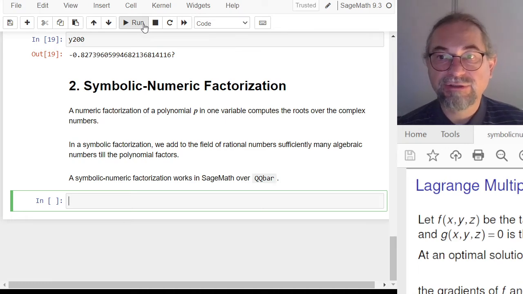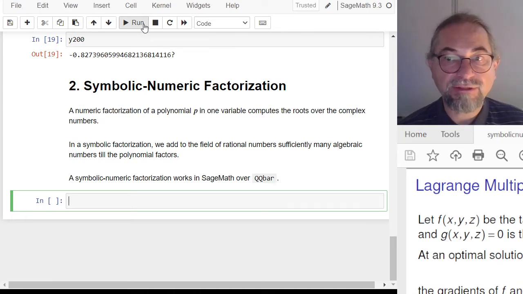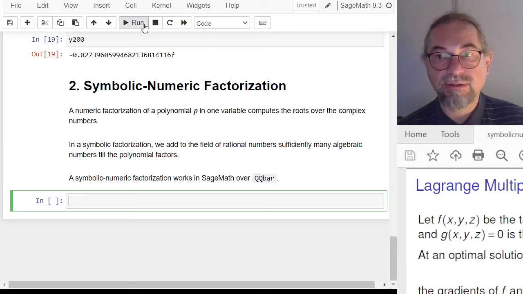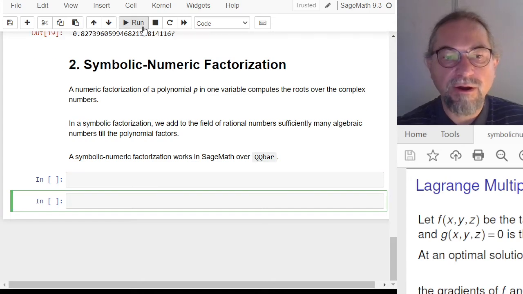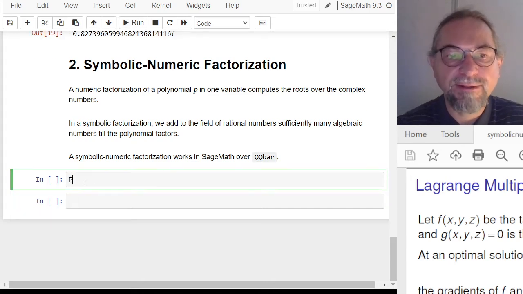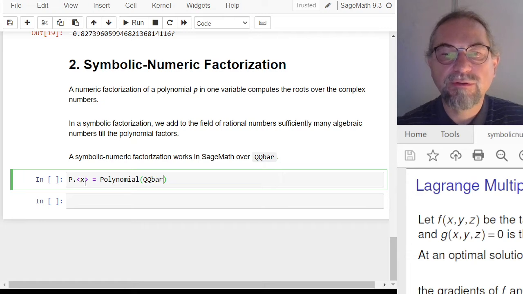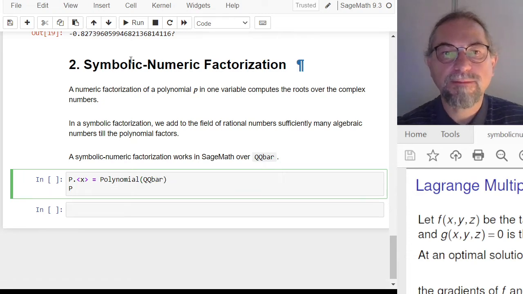It's an extension of the rational numbers with the symbol I. So in a way it also uses the letter I, but it uses interval arithmetic numbers. So I will define a polynomial ring in X with coefficients in QQ bar.